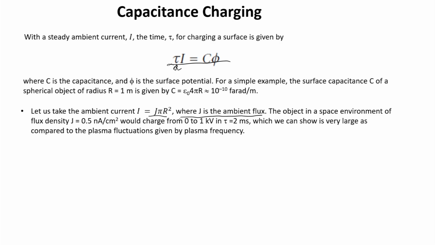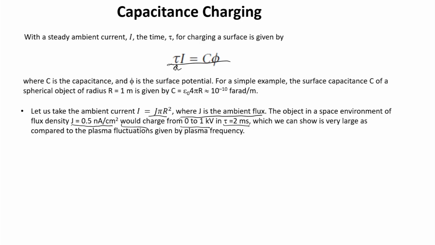For an object in a space environment, if you consider the flux density j to be 0.5 nano ampere per centimeter square, then it would charge from 0 to 1 kilovolt in tau equal to 2 millisecond. You can calculate it.